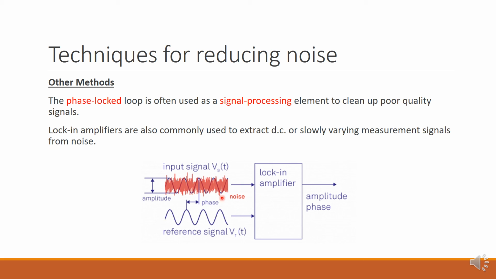We reduce noise by comparing with the reference signal, so the output signal has a clean signal amplitude and phase. This is another technique of reducing noise. The lock-in amplifier is actually another method of what we call signal processing.